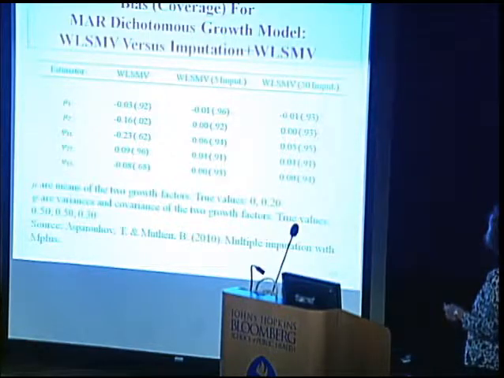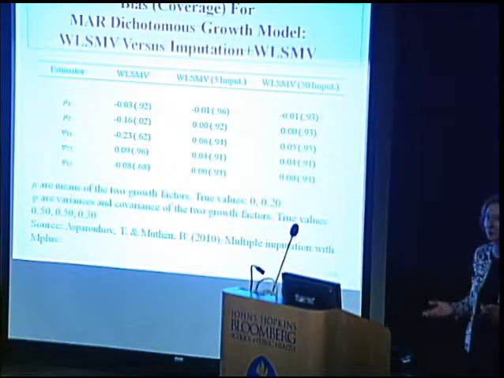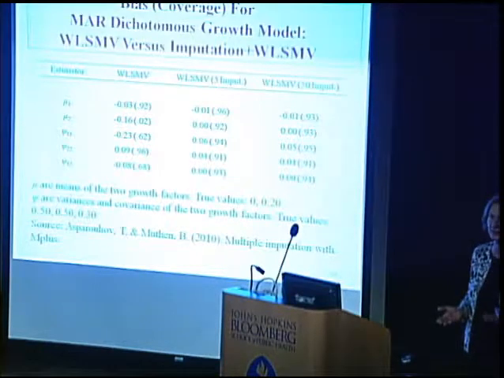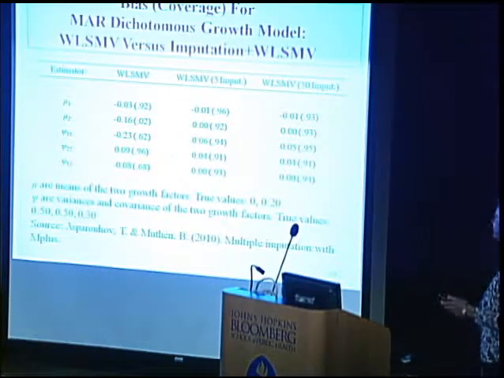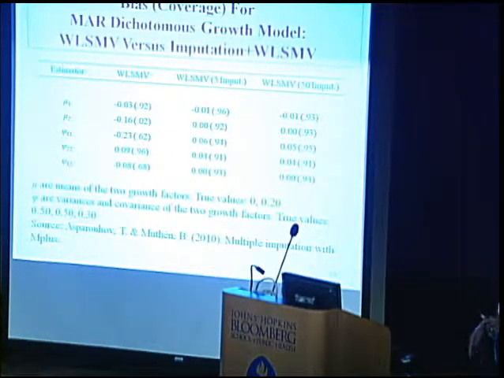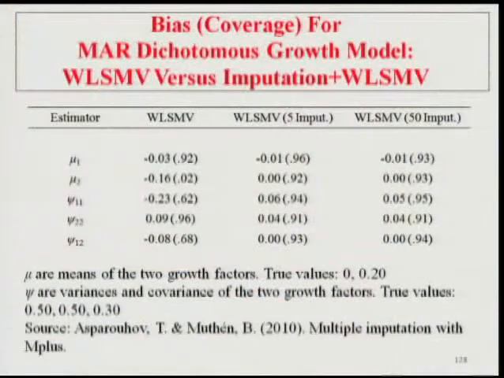I think that points to the fact that most people use 5 data sets, and that seems to be sufficient. So it isn't really necessary to use 100. You probably are just making it a lot more difficult for yourself. But anyway, we think this is a way of using WLSMV and having the advantage of good missing data handling, so imputing and using WLSMV.